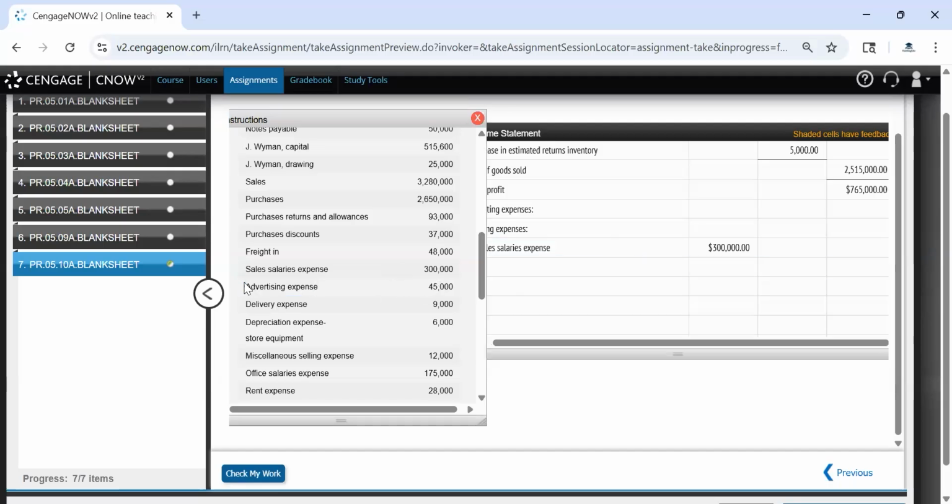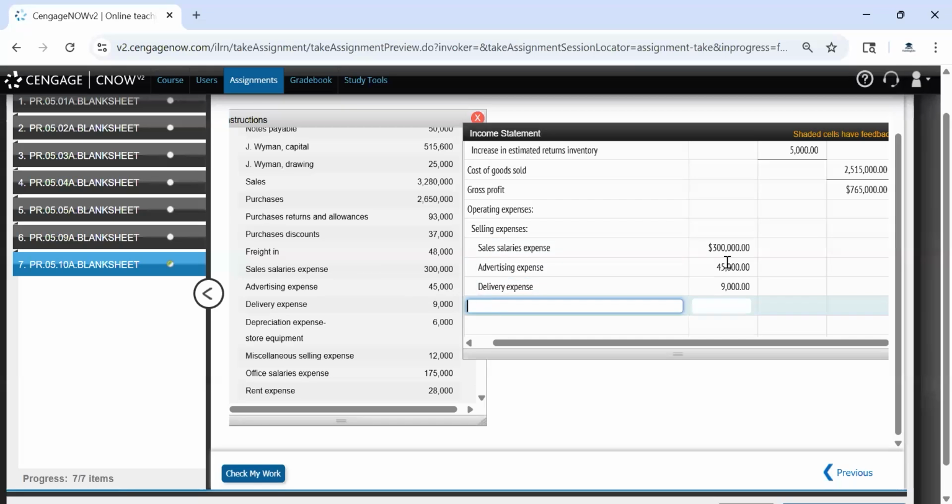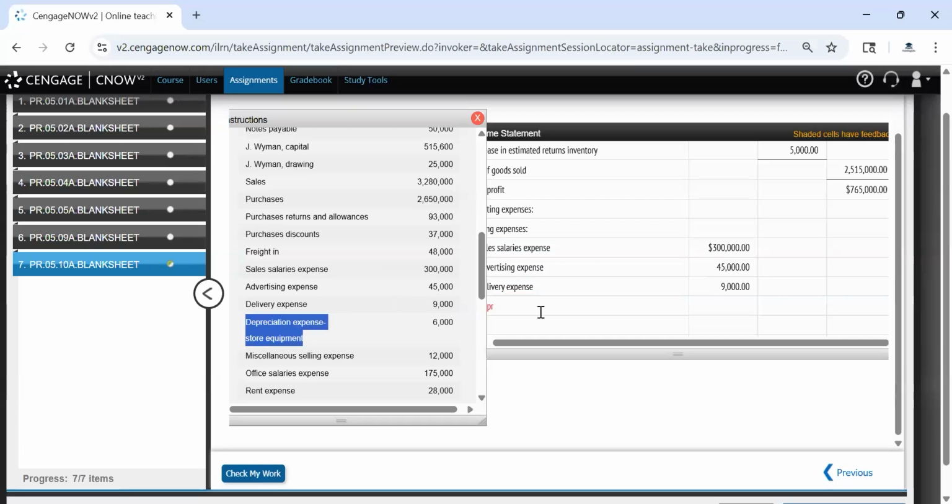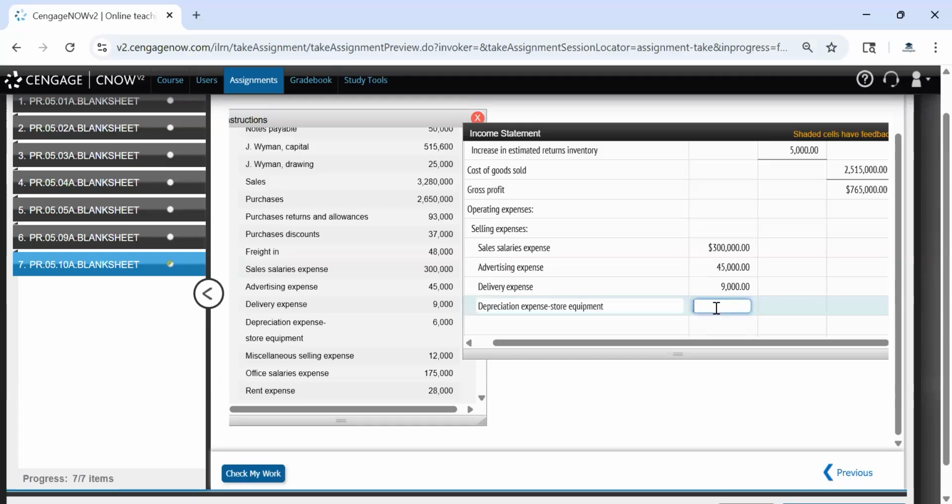So we have our sales salary expense, our advertising expense of $45,000. Our depreciation on store equipment. And then our miscellaneous selling expenses. And miscellaneous or other expenses will always go at the bottom.